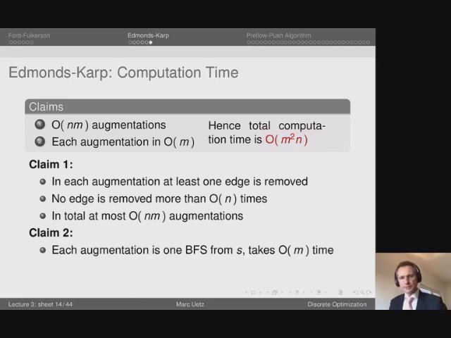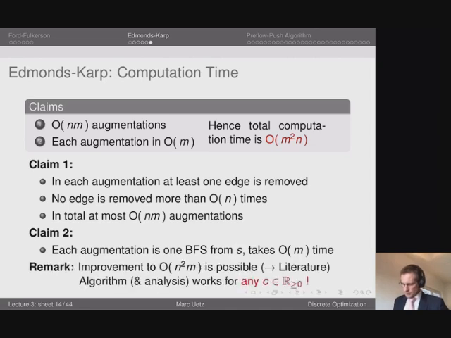And notice that in none of the arguments that I was using in order to prove these 3 lemmas, I was using the capacities of the graph. That is because we compute shortest augmenting paths in the number of edges, and that was totally independent of the actual capacities. So therefore, the algorithm and its correctness analysis works for any capacities, and not only for integer capacities.